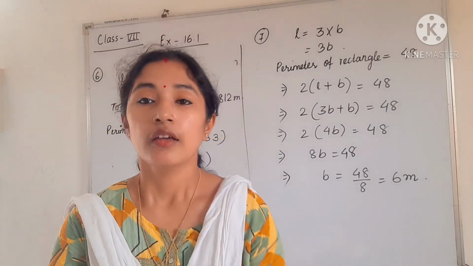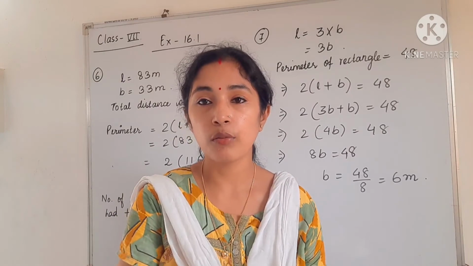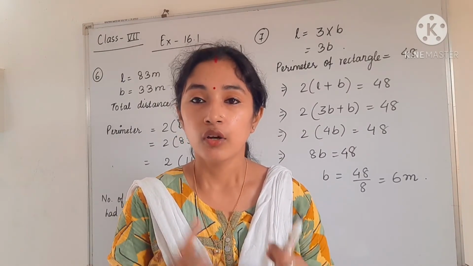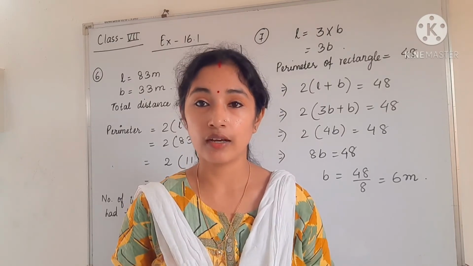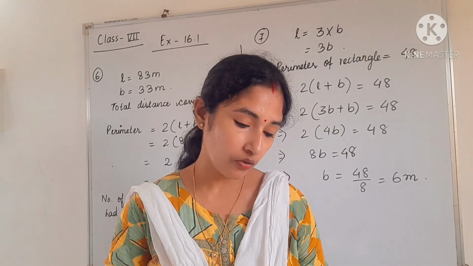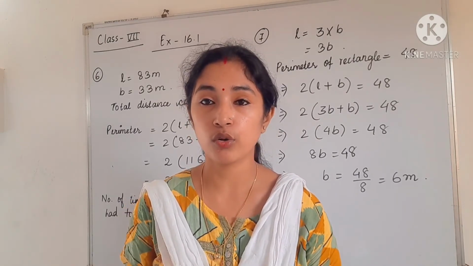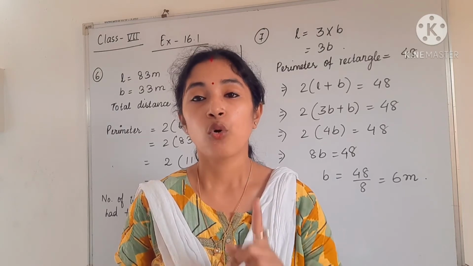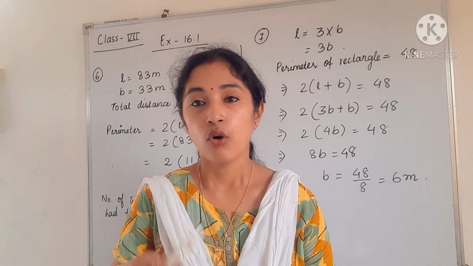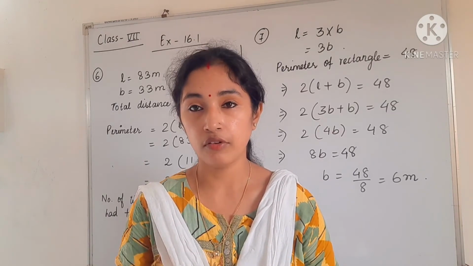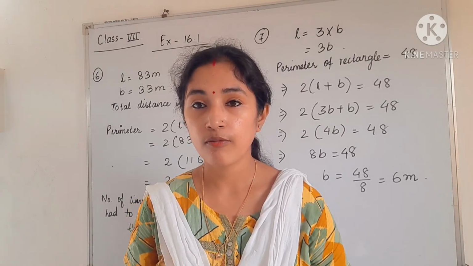Suppose you are running around the boundary only one time, that means you are going along the perimeter of the rectangle. So we can also say that the perimeter of the rectangle is equal to the length of the boundary we are running or walking only one time. Only one full distance we are covering, that is also equal to the perimeter.